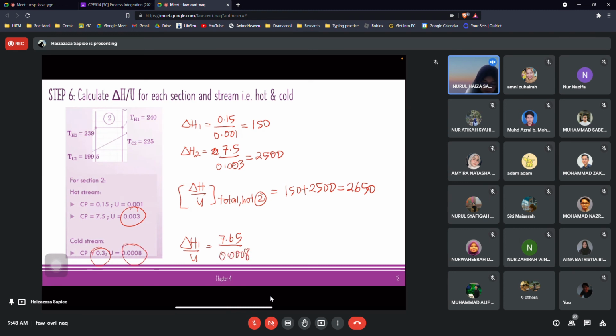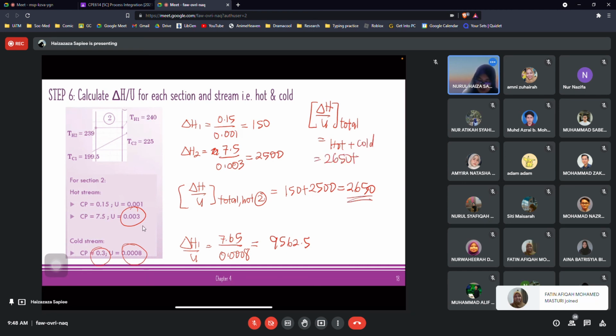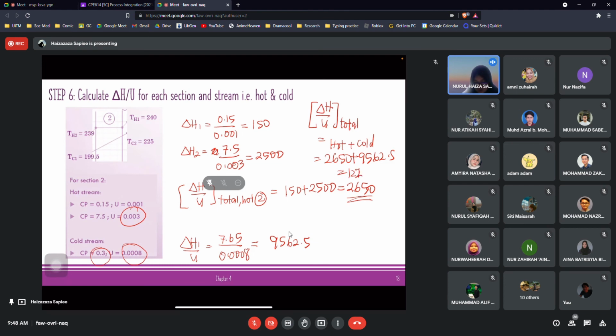So this value equals to 9562.5. Okay. So untuk this section, you akan dapat you punya delta H over U total, which is basically your hot plus your cold. So it's going to be 2650, which is this value, plus 9562.5. So you dapat 12212.5.